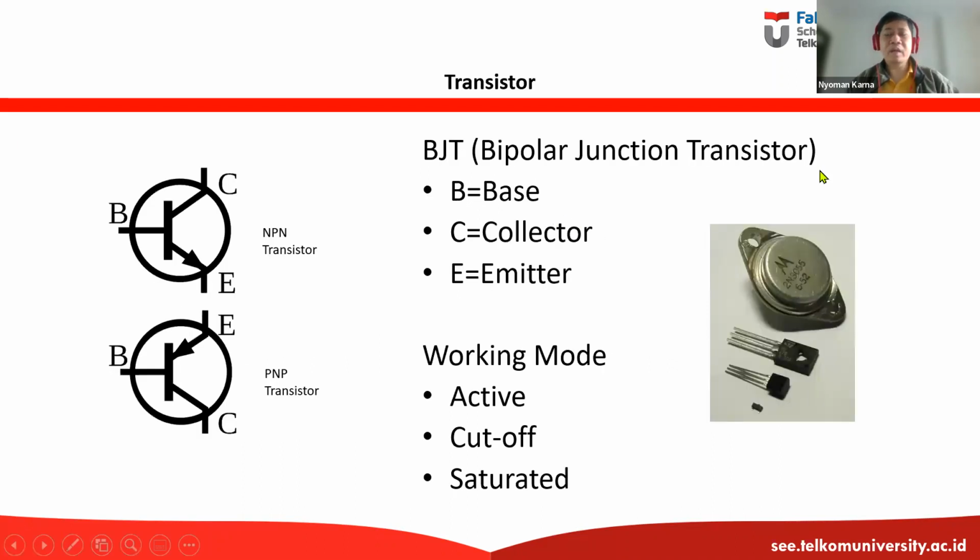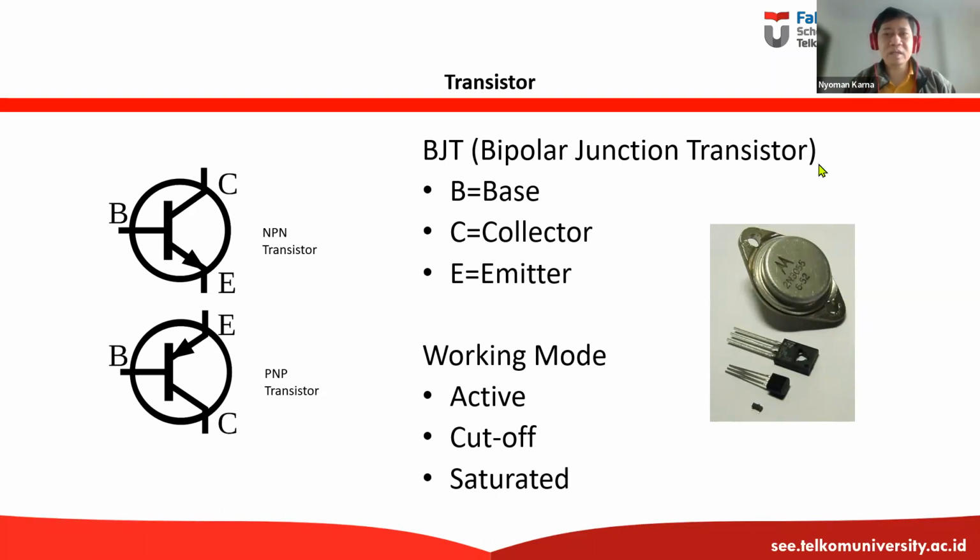Okay. Now, transistor. We're actually really familiar with the transistor. It's just like a resistor, although the resistance within the transistor can be changed depending on the voltage of the base. Because in a transistor we have three feet.